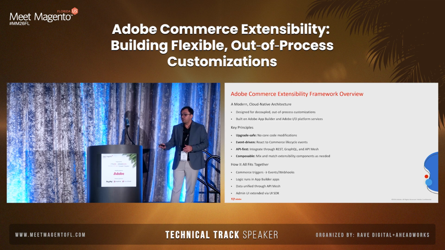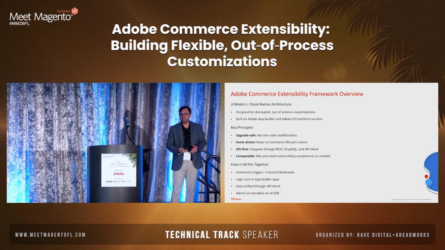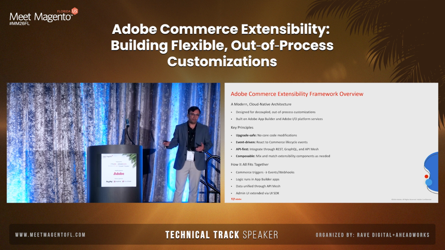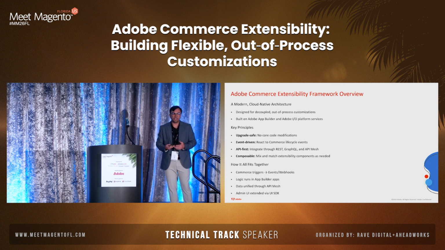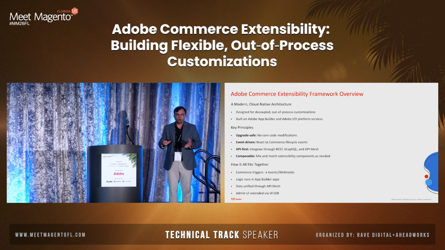Then data is unified through API Mesh. So that is the second point, completing the process when logic runs in App Builder. The third is data unified within API Mesh. If you have different sources that you are getting data from, you do not need to write a customization within Adobe Commerce to make the call to the ERP system, the inventory system, or the product management system.